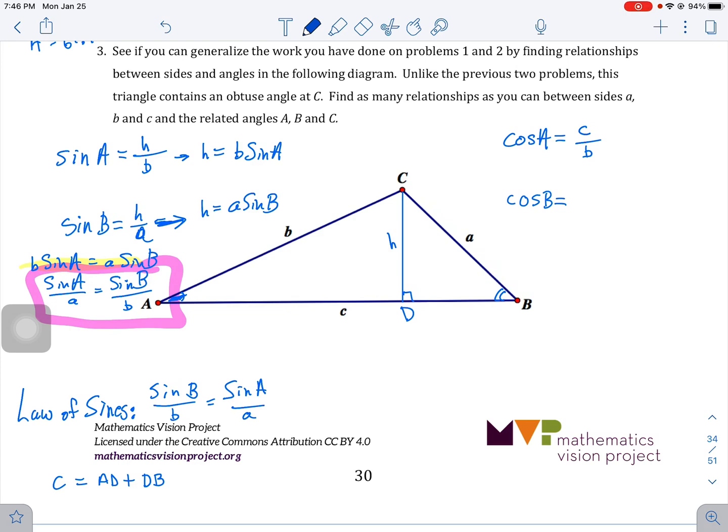So this is going to be the segment AD on my diagram. AD. Okay, and I can also say that cosine of B is going to be DB, that's the adjacent, divided by A, which is the hypotenuse.